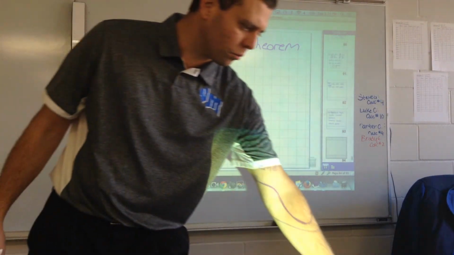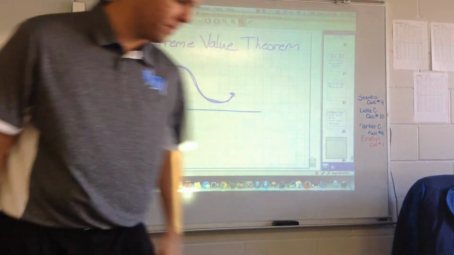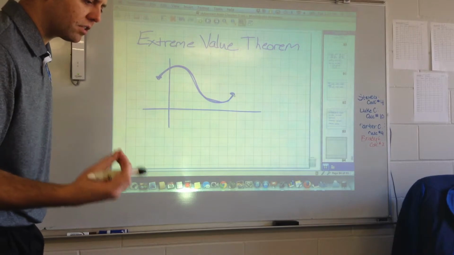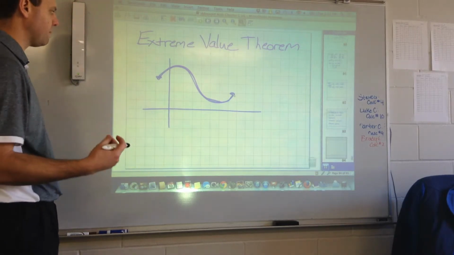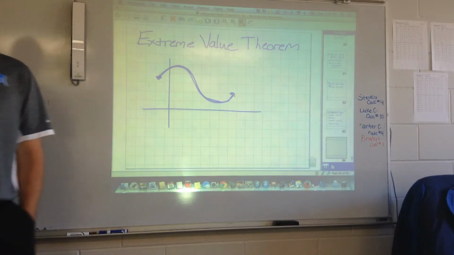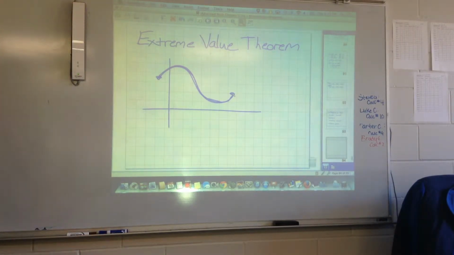If you want it written out in words, it's on page 164. If f is continuous on a closed interval [a, b], then f both has a minimum and a maximum on that interval.